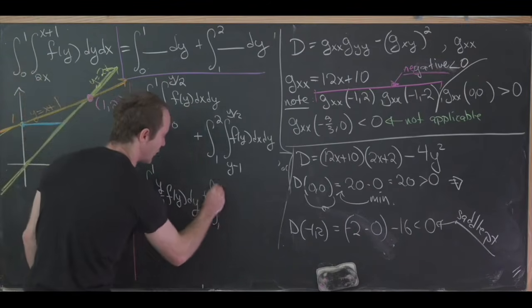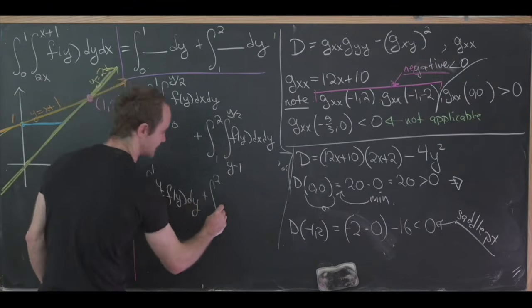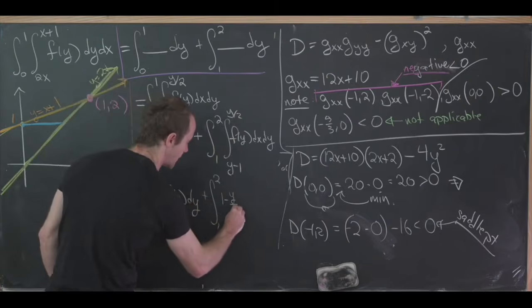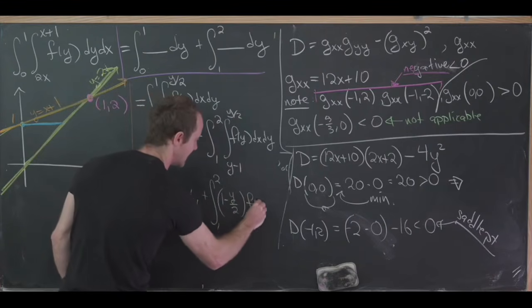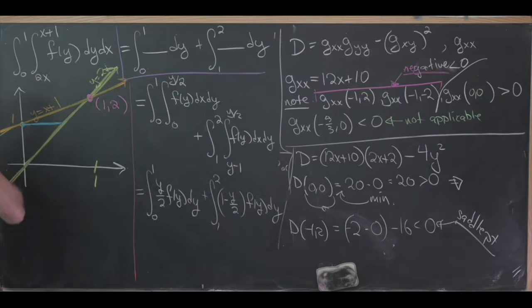And then the integral from 1 to 2 of y over 2 minus (y minus 1), which turns into 1 minus y over 2, times f of y dy. So we get something like that. That would be the blanks filled in.